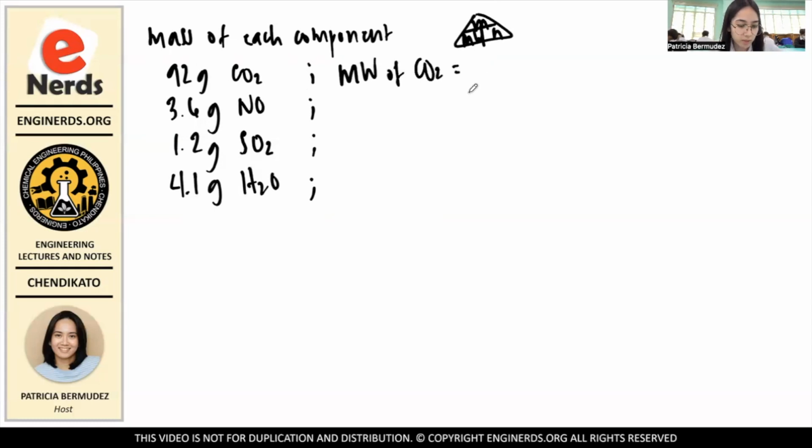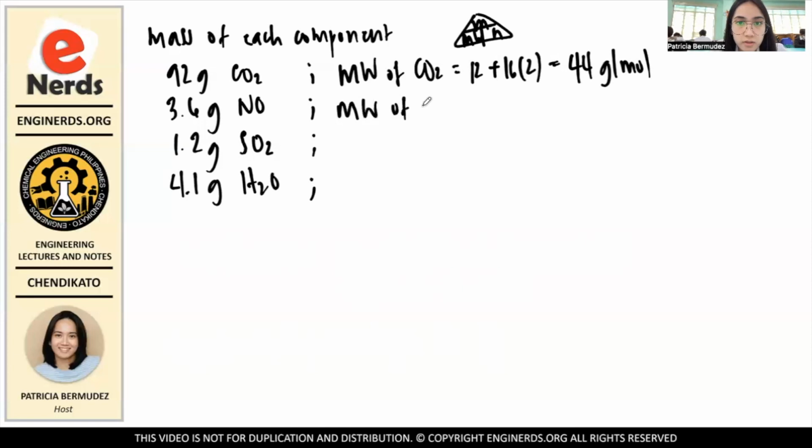the molar weight of carbon dioxide is 12 plus 16 times 2, because oxygen is 16 grams per mole, and adding up, we have 44 grams per mole. And then for nitrogen oxide, for nitrogen, we have 14 plus 16, so that is 30.